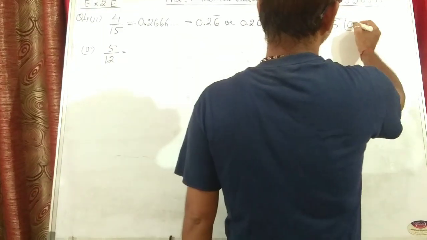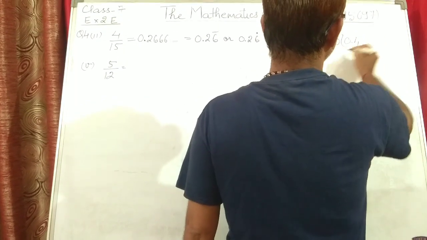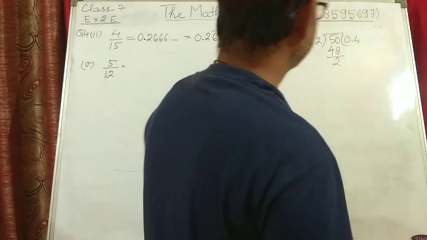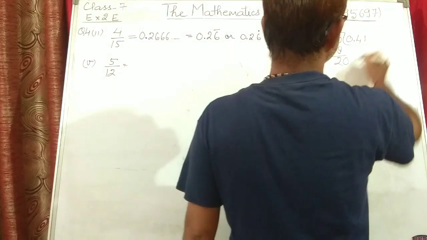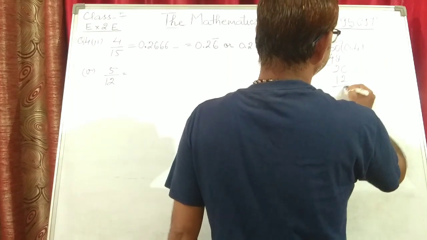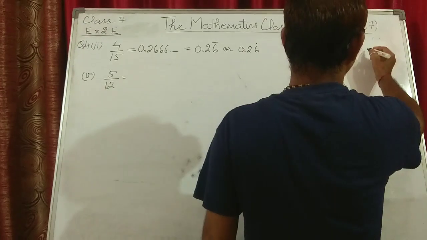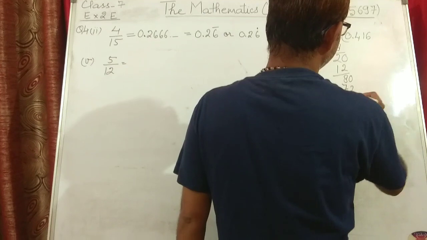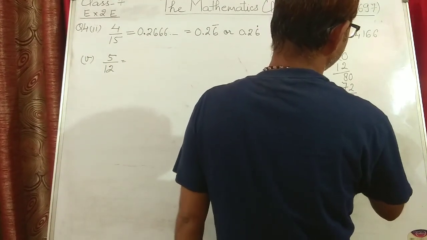You put a 0, put a decimal, increase a 0. 4 12s are 48. 2 left. Now 2 left, again increase a 0, 20, so 12 ones are 12, 8 is left, again a 0, 80, 6 12s are 72, again 8 is left, 0, 6 12s are 72 and so on.